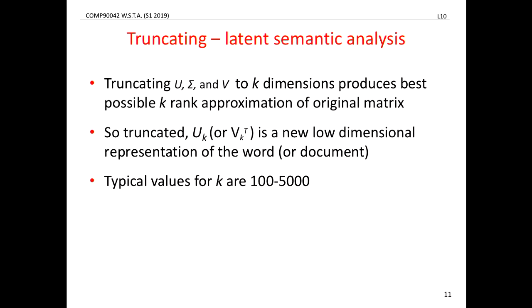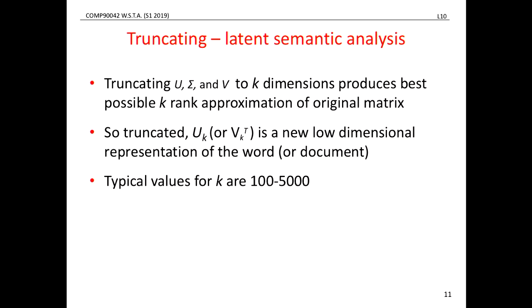Yes? What's the intuition of what the eigenvalues mean in this context? The eigenvalues mean how important each dimension of the learnt embeddings is. In terms of text, it's kind of hard to say. It's very hard to interpret these. Usually, the point is that we're ranking them in order of importance.